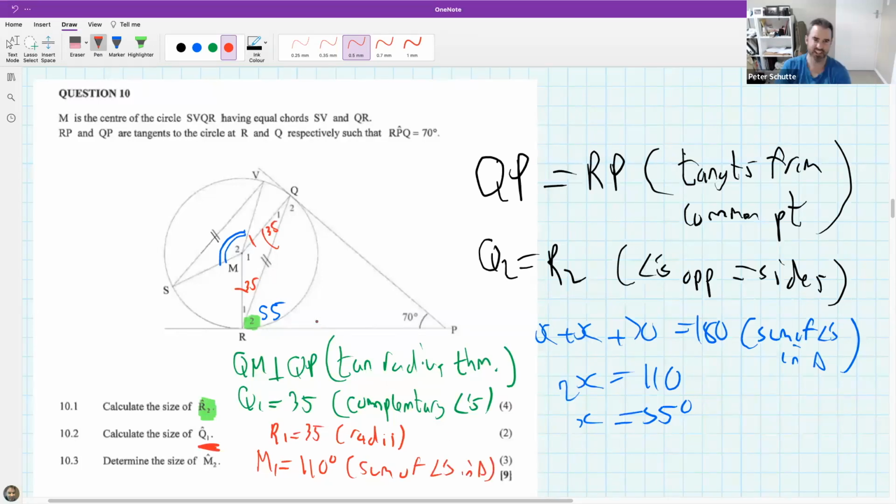Now, here's the sneaky bit, guys and girls. M2 is equal to the following. You can't use vertically opposite, because vertically opposite would have to have a straight line there. But there's a theorem that most students don't know about, but it is included. It says, if you have equal chords, so can you see that chord over there and that chord over there are the same, that they are said to be equal?